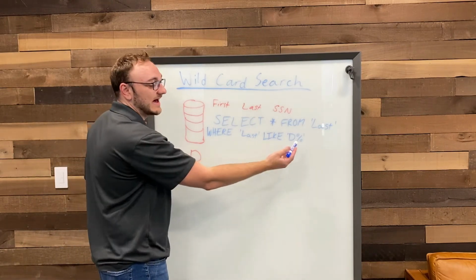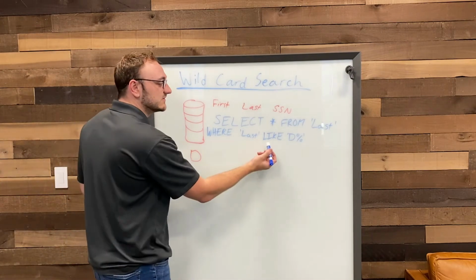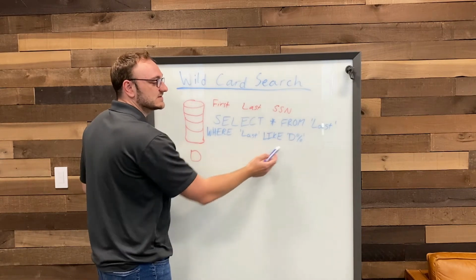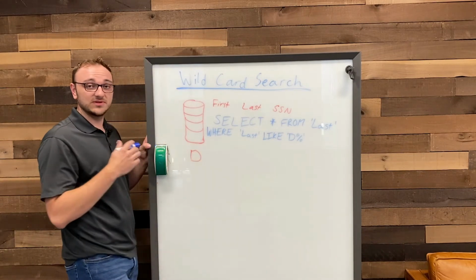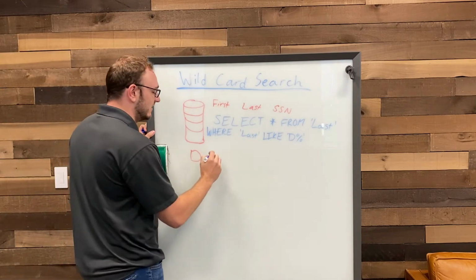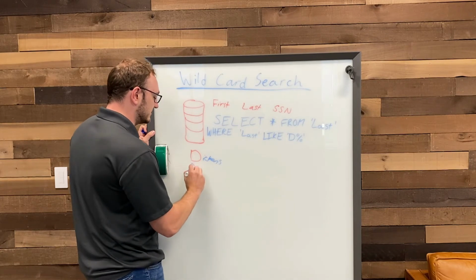So this percent acts like that asterisk did in the Linux command. It's saying that it wants to find all the last names that are like this, starting with a D and anything else after it. So let's say that database comes back with Dickens and Derrickson.